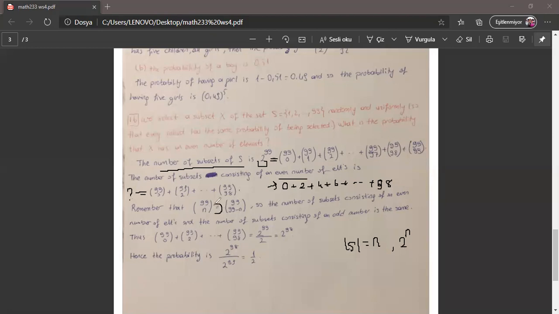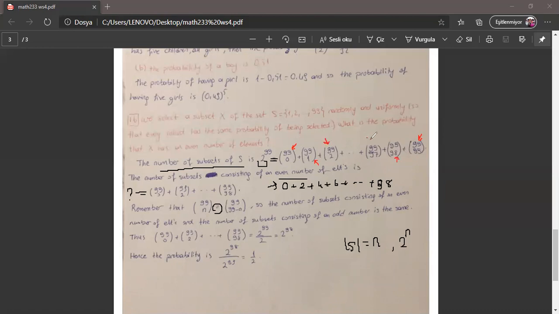Remember, we have this equality: 99 choose n is equal to 99 choose 99 minus n. From that, you can see that this is equal to that, and this is equal to this.